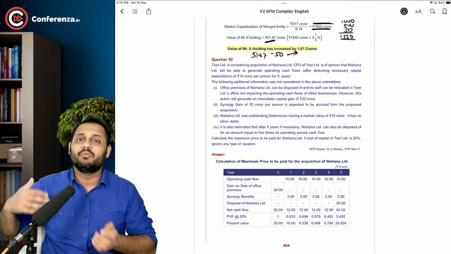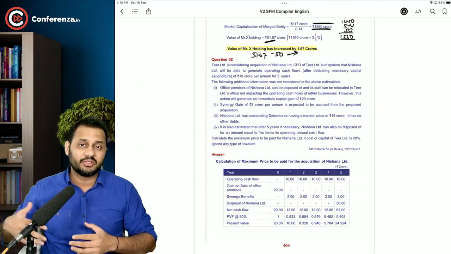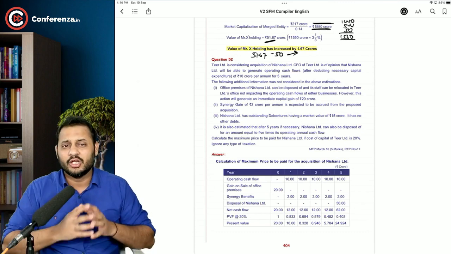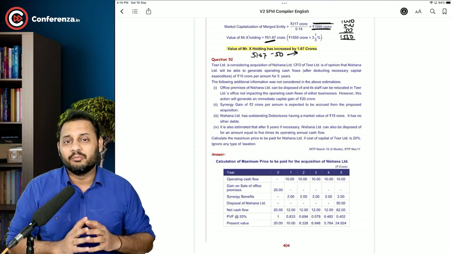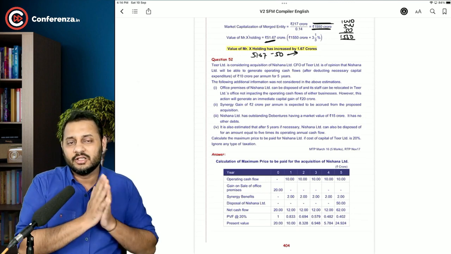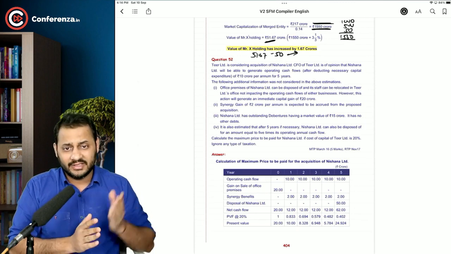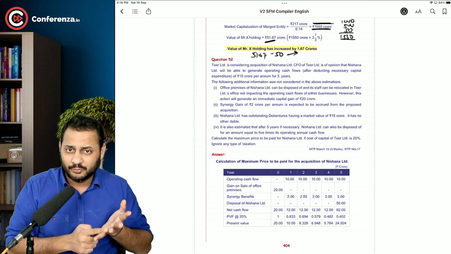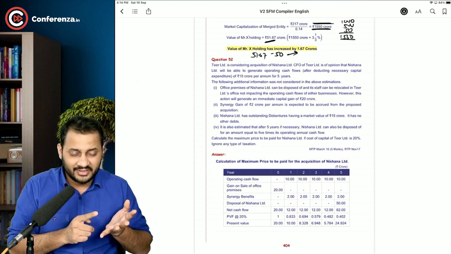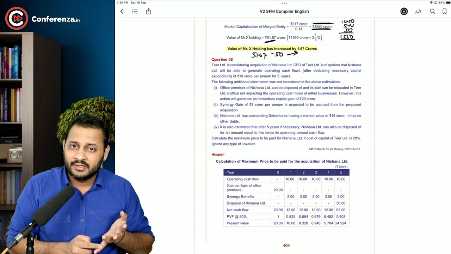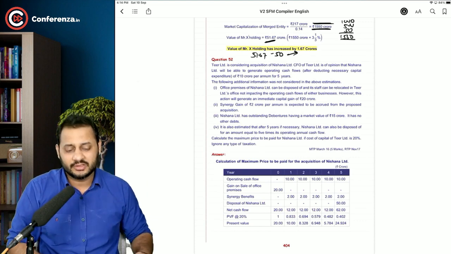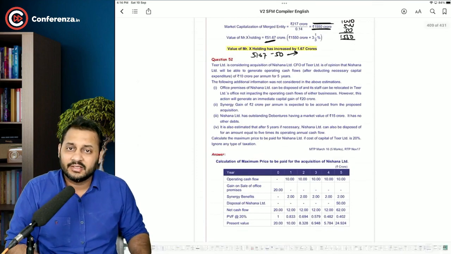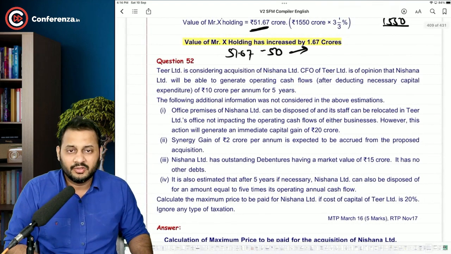So it is different from the derivatives chapter, forex chapters or portfolio or security valuation, because most of the concepts that we are studying right now have already been completed. So there is no need to stop and discuss the concept. Like this question itself, we had discussed the portfolio beta and the CAPM in the portfolio management chapter. So everything was already covered. Question number 52 after this break.